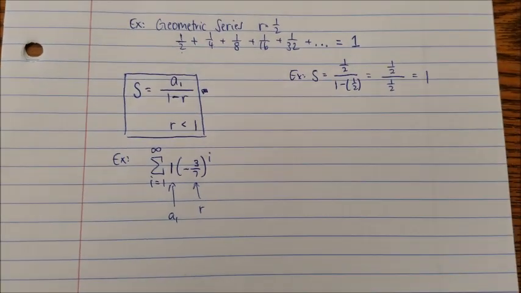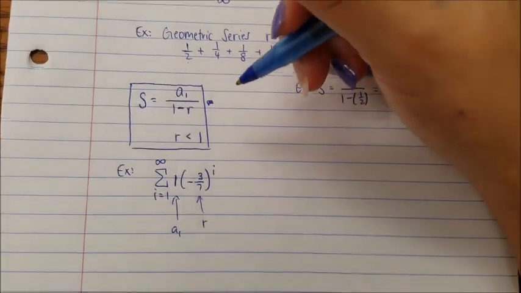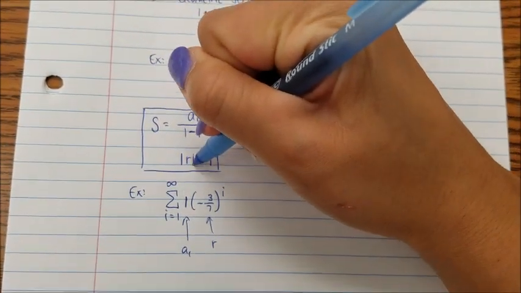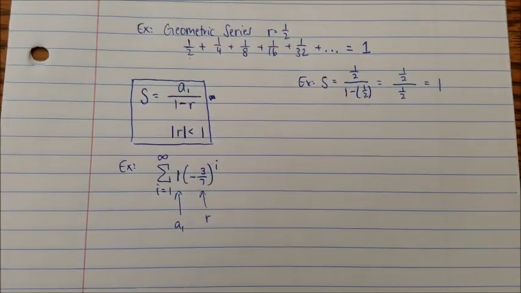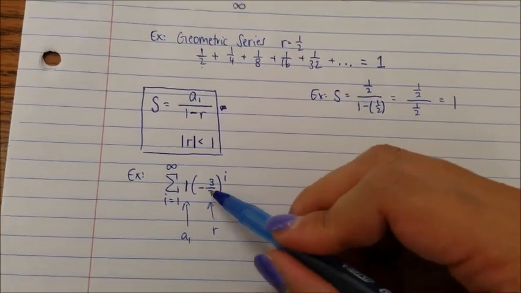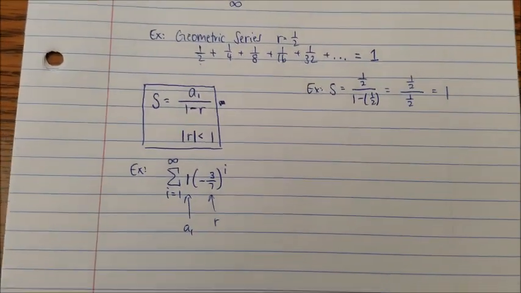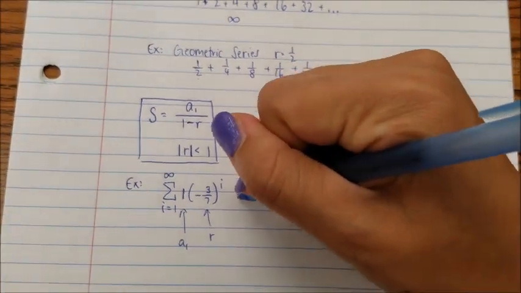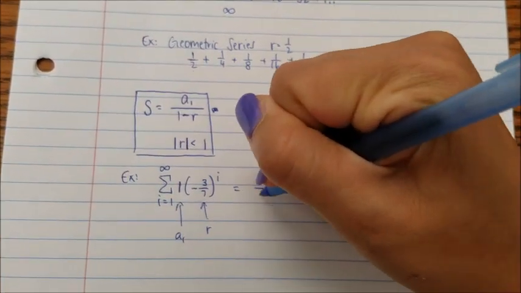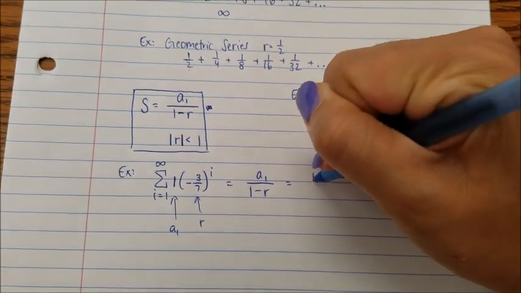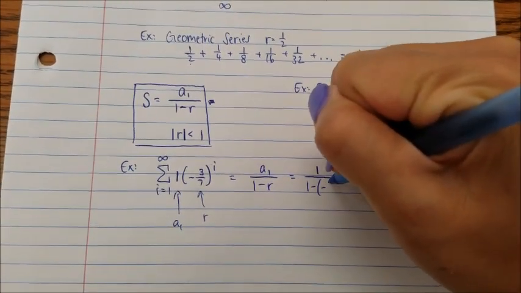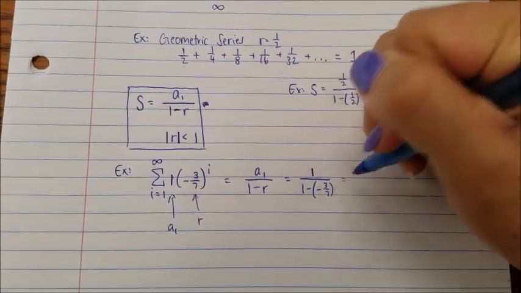Okay, so in order to use our formula, we said R has to be less than 1. I wanted to add something here. Technically, the absolute value of R has to be less than 1, because if we look at R here, we have a negative in front. So obviously less than 1, but we also want to make sure it's a fraction of some sort. So when we use our formula, A1 over 1 minus R, A1 for us is 1, R is negative 3 over 7.